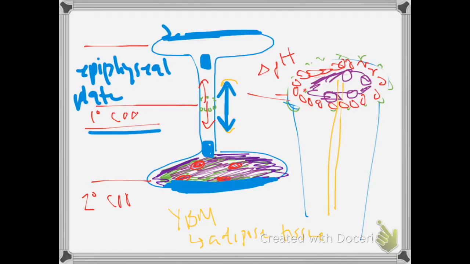Okay, as that's happening, we're getting remodeling by osteoclasts from spongy bone to compact bone along the edges where the perichondrium is. So we're turning that spongy into compact, and then in the center we're making this medullary cavity. As this is going on, we're getting the division towards the epiphyses. We're getting the arrival of blood vessels at either of the epiphyses, and those are called the secondary centers of ossification.